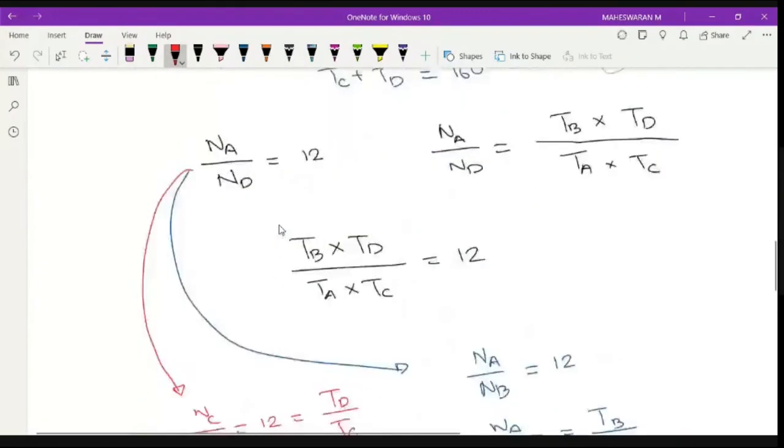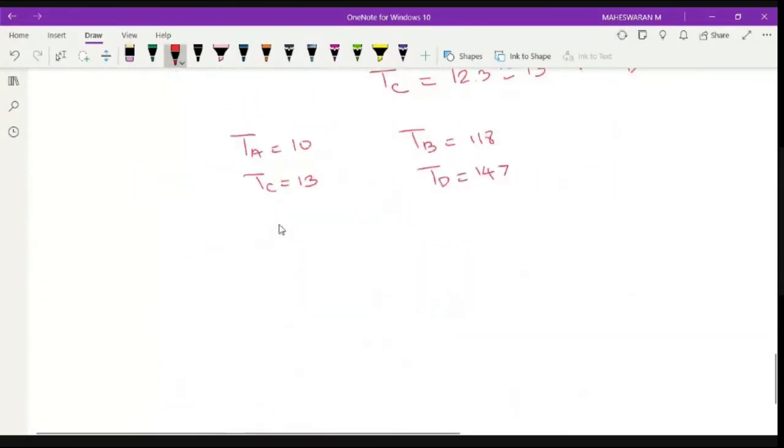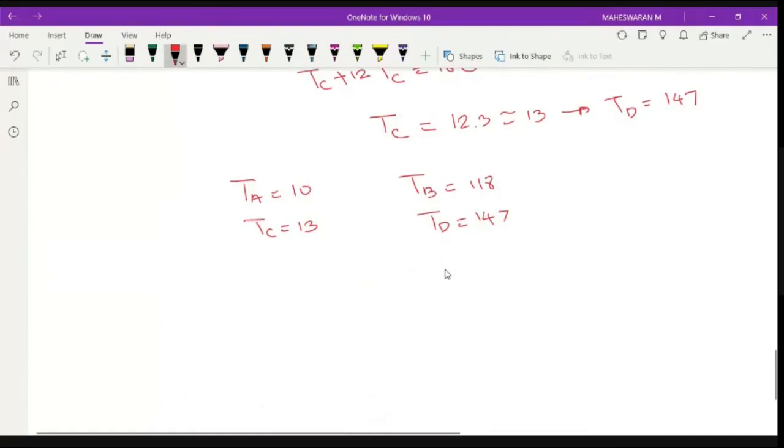It means I have to multiply something so that it is greater than 24. Which is the minimum value here? 10, right? So if I multiply with 2.5, what you are getting?